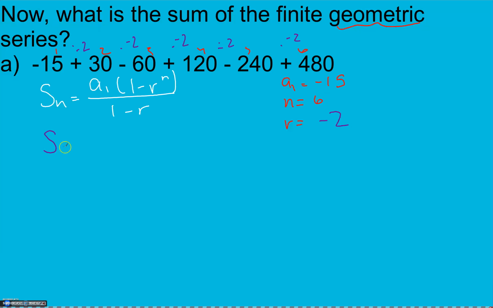So the sum of the first 6 numbers is going to be our first term times 1 minus our common ratio to the 6th power, divided by 1 minus our common ratio. Or you could have done 1 minus negative 2. Either way. Again, there are some things that we might want to simplify.